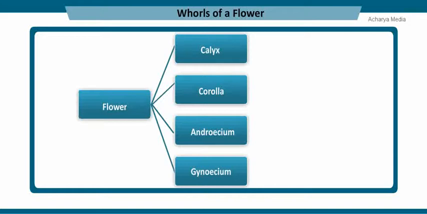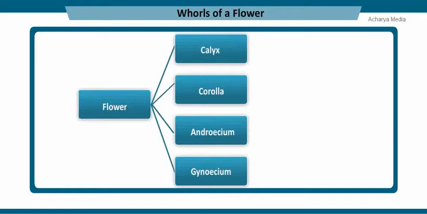Calyx is the outer whorl of the flower that consists of sepals which protect the parts within. Corolla is the second whorl of the flower that consists of petals which are usually attractive and facilitate cross-pollination.